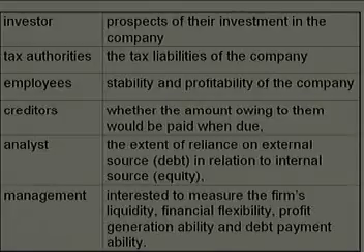So an employee has got different interest. Similarly, creditors, you will find they will have different interest, whether the amount owing to them would be paid when due. Creditors are basically those entities which give money to the company. So looking at the financial statement, they would like to see whether the money which they have lent to this particular company is safe or not, whether the company would be in a position to return the loan amount or not, or whether it will go bankrupt.